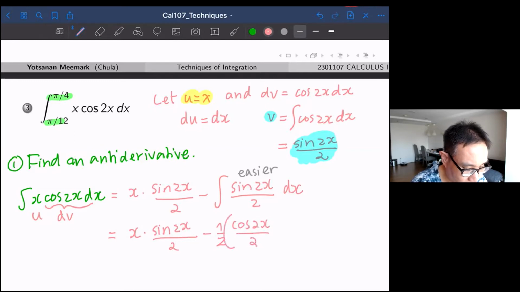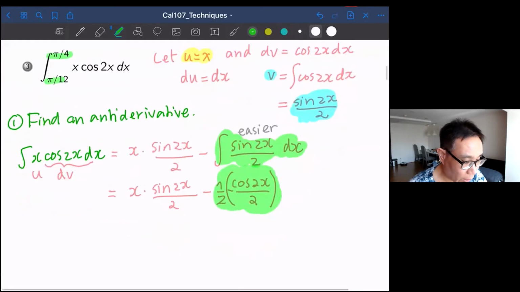Don't forget the negative sign. So you get the integral of sin 2x dx here. This one that I mentioned is easier.